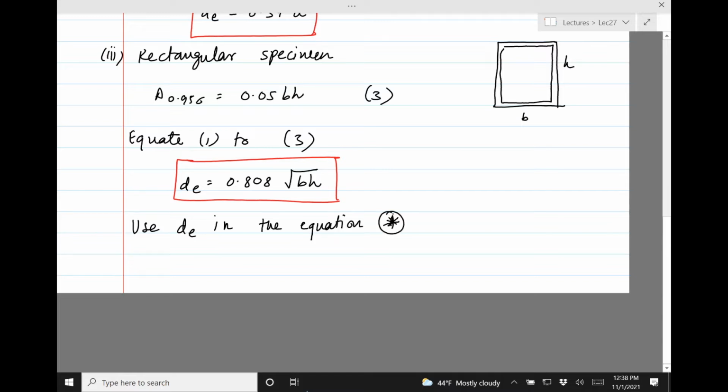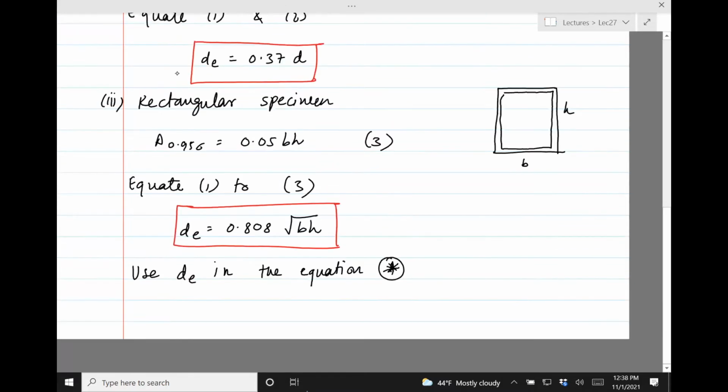Since there is no equivalent diameter for, say, a rectangular section, you do this equation which I showed you, and then use this effective diameter in order to substitute for D, and then get the size factor KB.